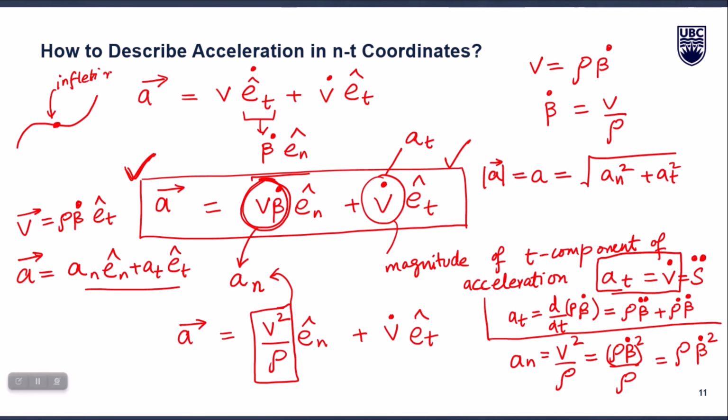So theoretically rho becomes infinity at this point. The radius of curvature becomes infinity, so when you put it here, obviously you will get a sub n approaching 0. So at the point of inflection, a sub n approaches 0, and you will only have acceleration in the tangential direction, so you will only have a sub t.